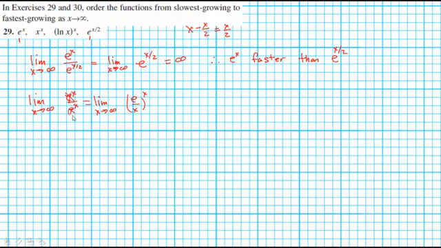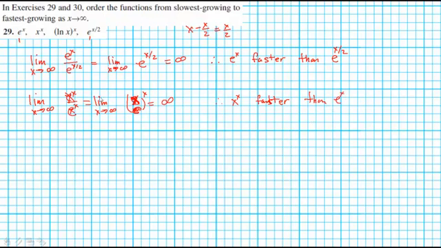Let's put x on the top and let's put e on the bottom. And I think it's pretty clear that this thing goes to infinity. As x gets really big, I'm dividing it by some constant. There's still going to be a really big power to a really big power. This is infinity to infinity. That's going to infinity. So therefore, x to the x is faster than e to the x.